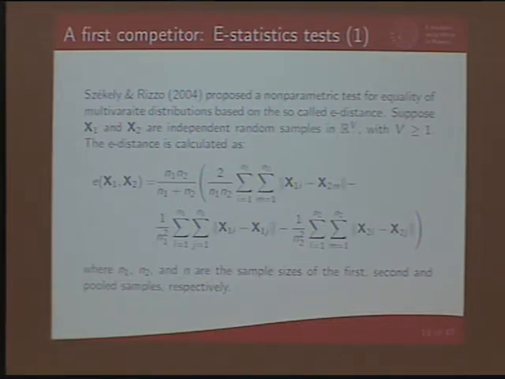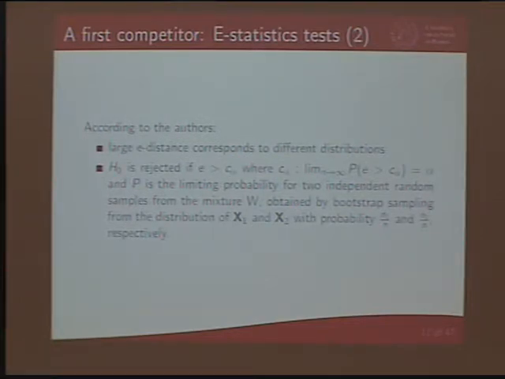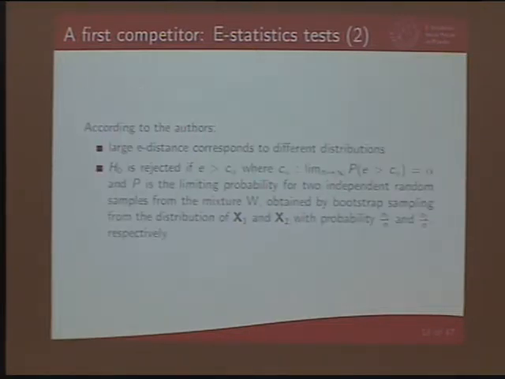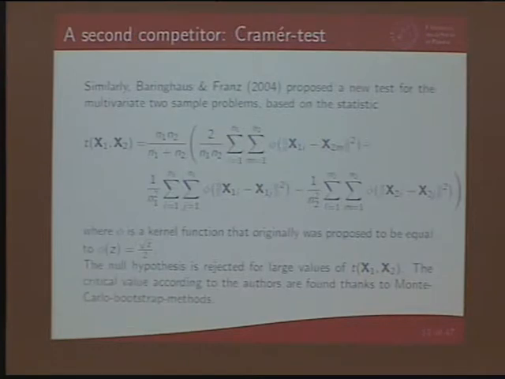Basically, this test estimates the limiting distribution starting from this test statistic using a bootstrap sampling from the mixture of the distributions of the two samples. And there's another contribution from the literature, this paper by Baringhaus and Franz in 2004, which uses a similar test statistic.